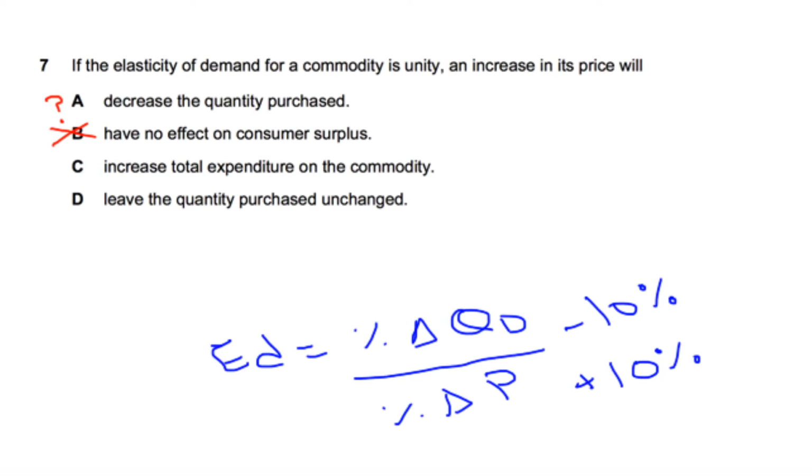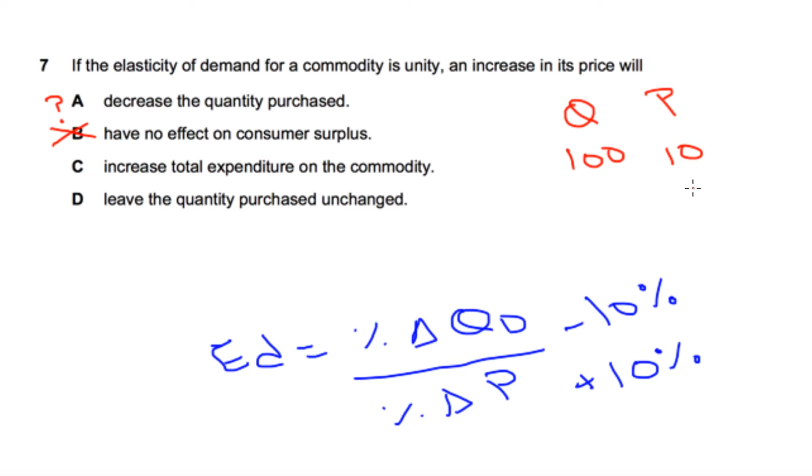Option number C is that increase total expenditure on the commodity. So let's see. We said that the price increases by 10%. So if, for example, initially the quantity being purchased was 100 units and the price was, let's say, 10 units.